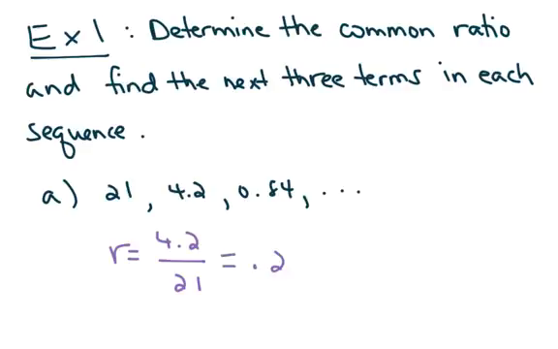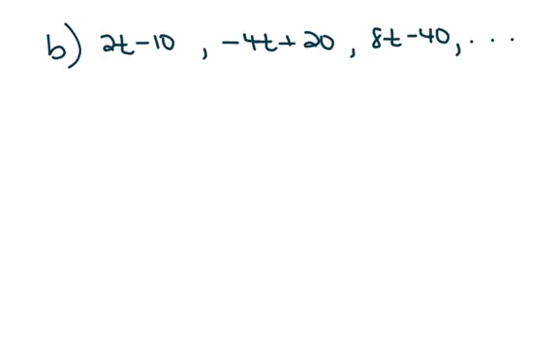And then for the next 3 terms, you would start with the last one you have, which is 0.84 times 0.2 is 0.168, times 0.2 is 0.0336, times 0.2 is 0.00672. Now you know they couldn't just stay that easy.